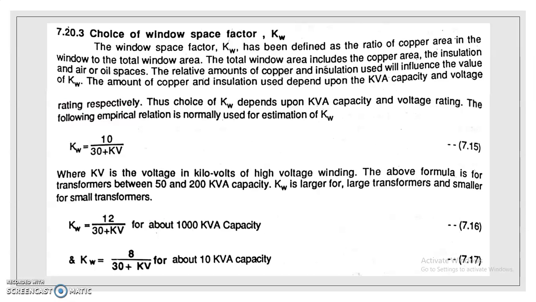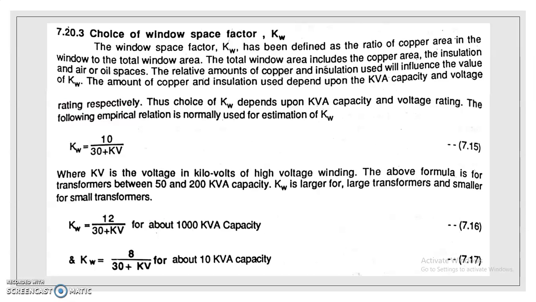The following empirical formulas are normally used for estimation of Kw. You can see here that Kw is equal to 10 upon 30 plus kV, where kV is the voltage rating of the transformer in kilovolt. This formula is applicable for 50 to 200 kVA capacity transformers.